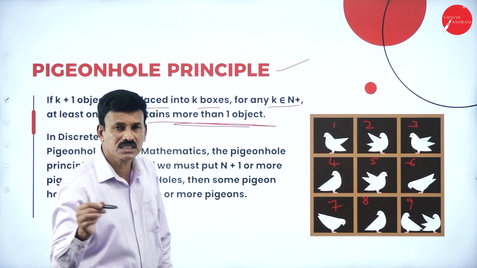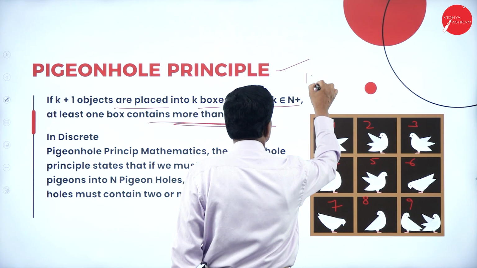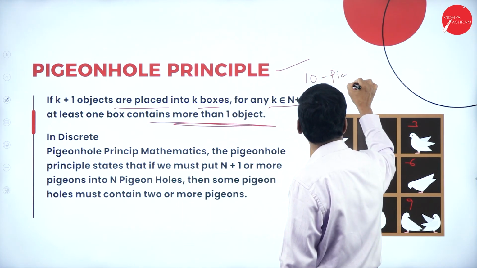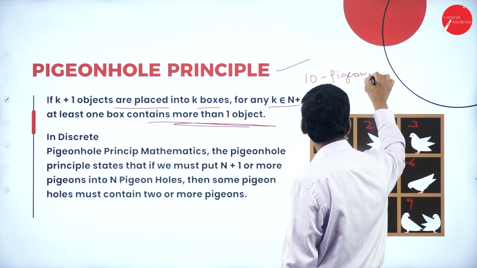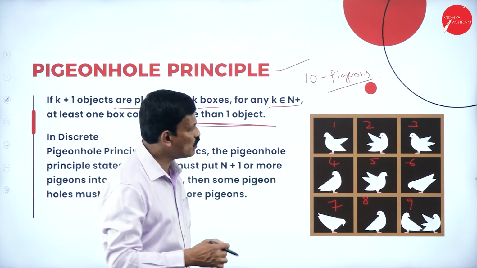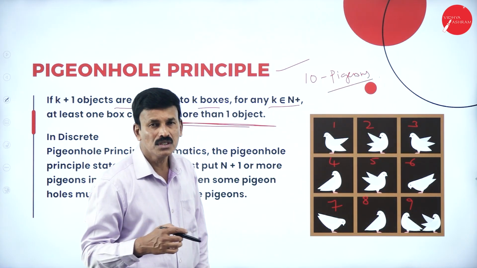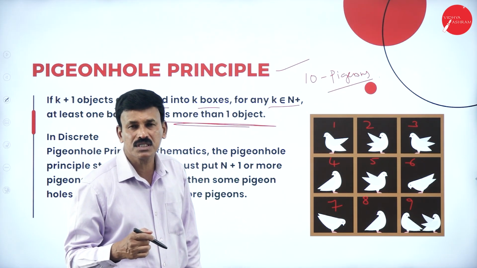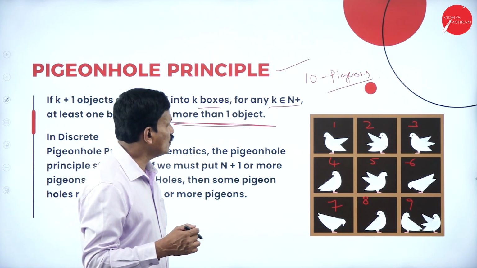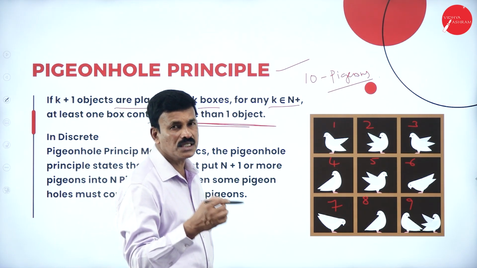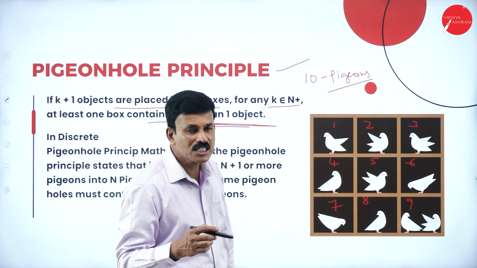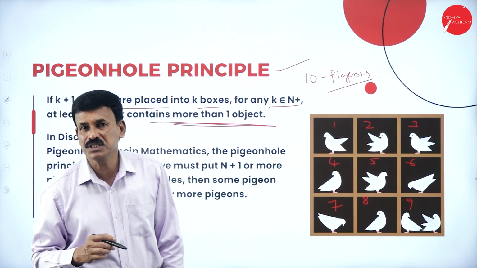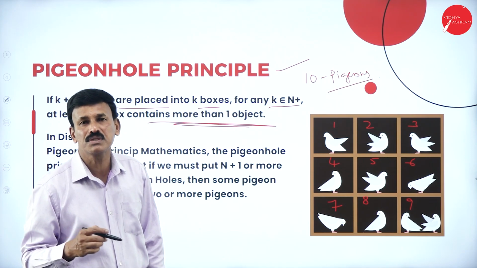Assume that there are 10 pigeons, and this box contains 9 holes. If we place one pigeon in each box, in at least one of the boxes we will find more than one pigeon. That is called the pigeonhole principle.